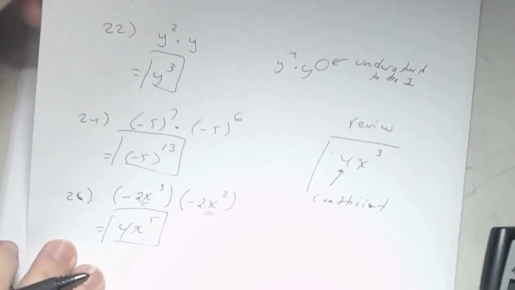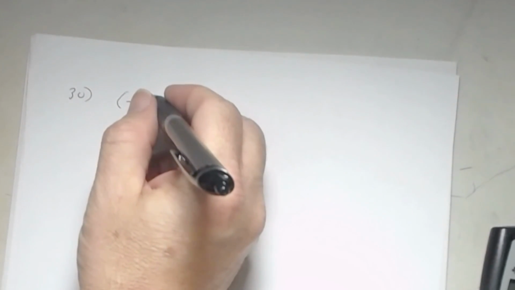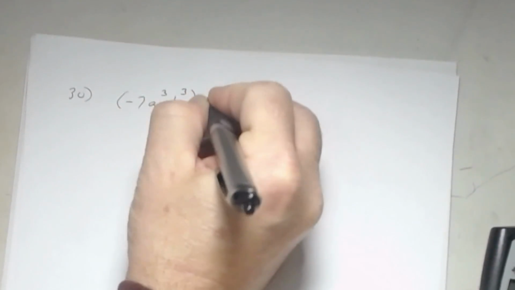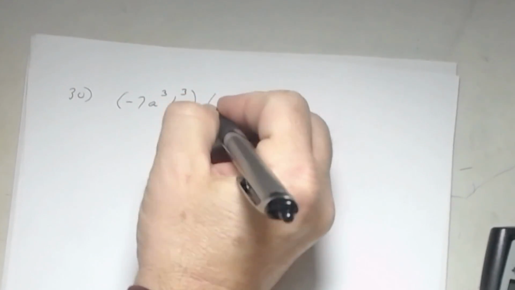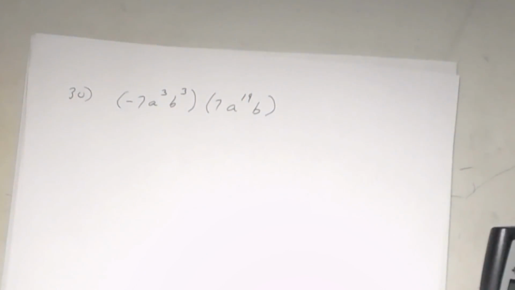All right, if you look at, let's say, number 30. In 30, you have negative 7a cubed b cubed, that's my first expression, being multiplied by the second expression, which is 7a to the 19th b.